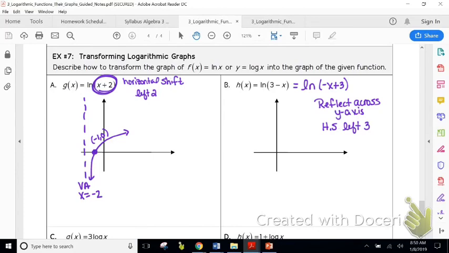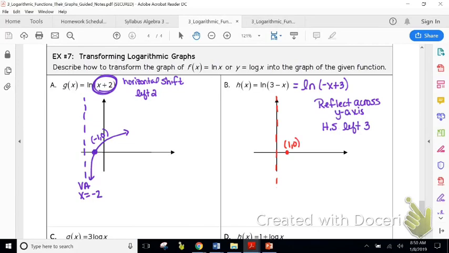All right, but which one do we do first? Well, we normally think we do the negative first because it's being multiplied by negative 1, except this is with x. And what do we do with x? We always do the opposite. So let me write my original one on here, okay? Here's my original.